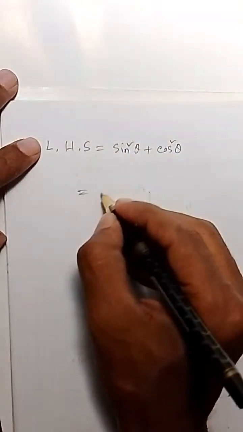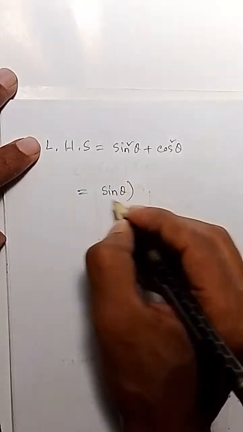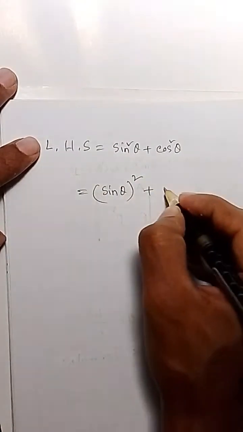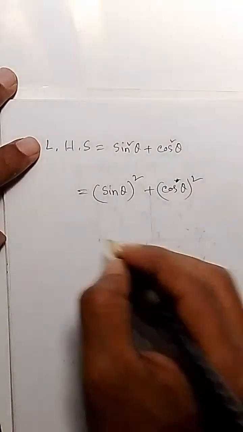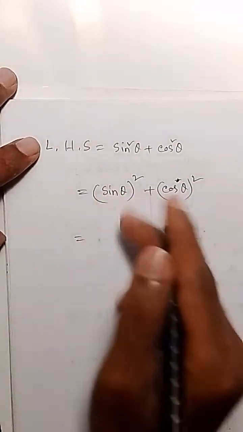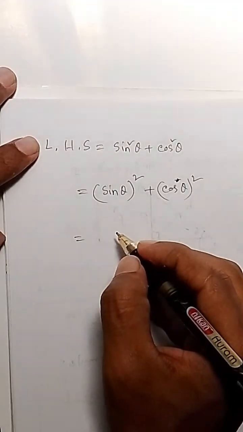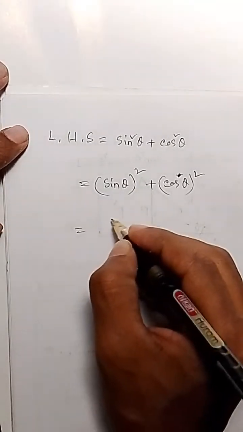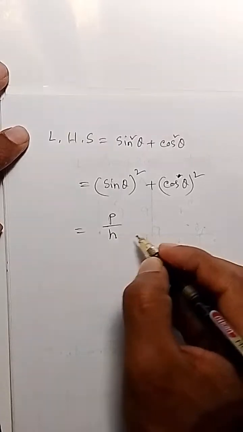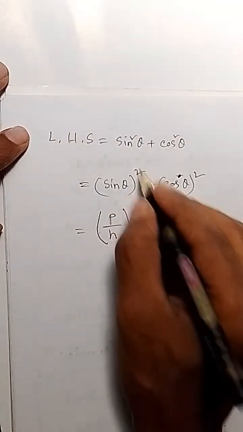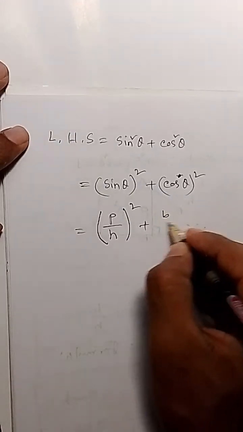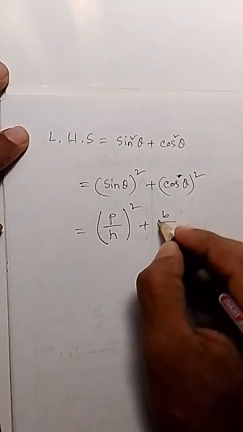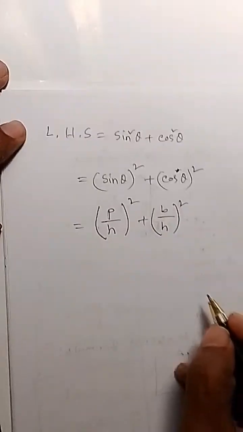You can write this one as sin theta whole square plus cos theta whole square, and this sin theta is nothing but perpendicular by hypotenuse and then this square, and cos theta is base by hypotenuse and then square.